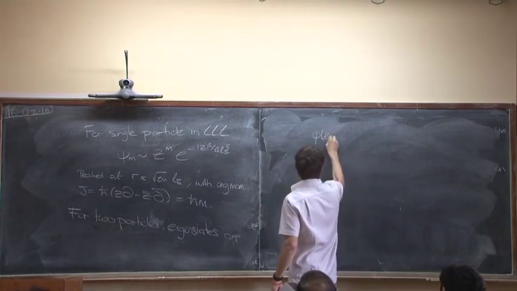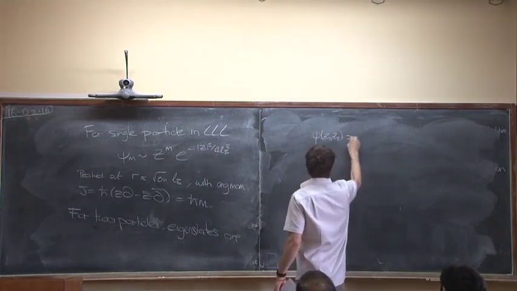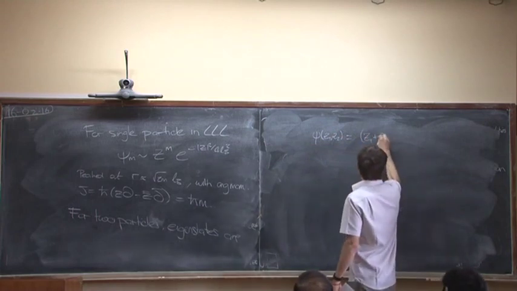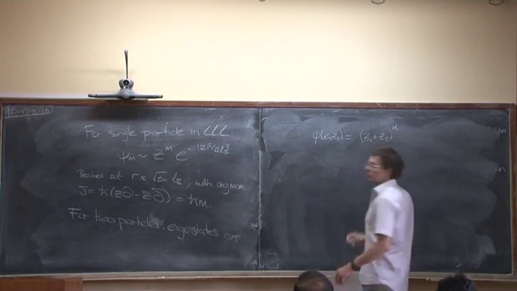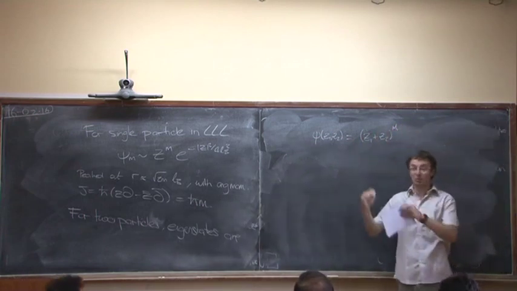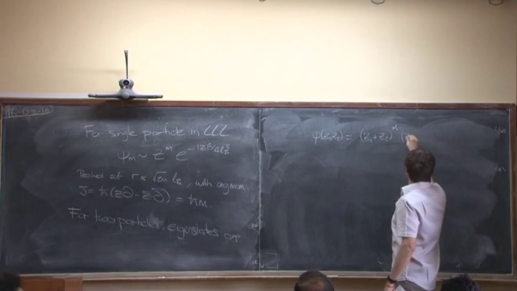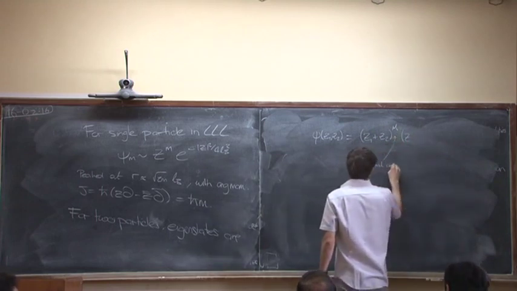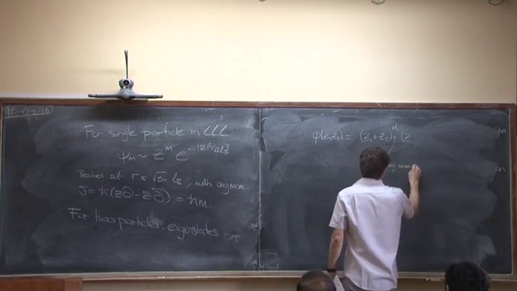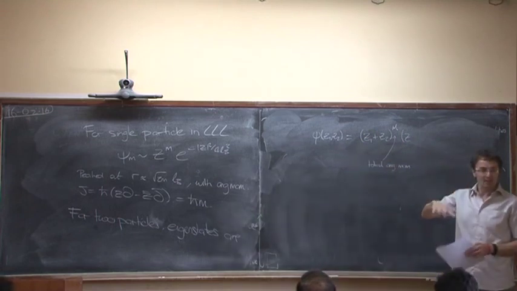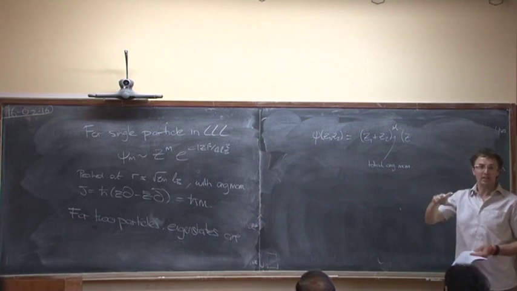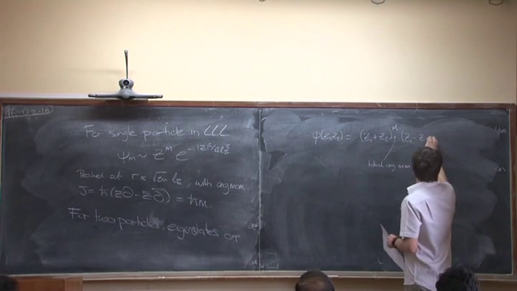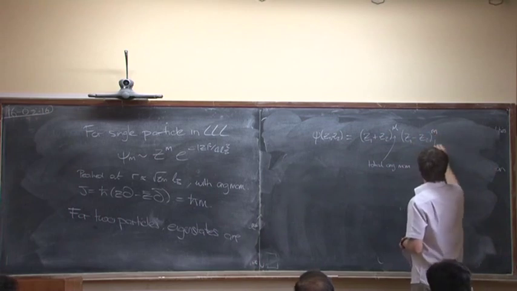The eigenstates of two particles. The center of mass is just a statement that the whole thing can classically move around. So this is the total angular momentum. But if you restrict to the lowest Landau level, there's a unique eigenstate that has a particular relative angular momentum, which is this.